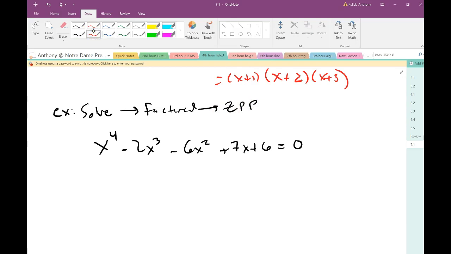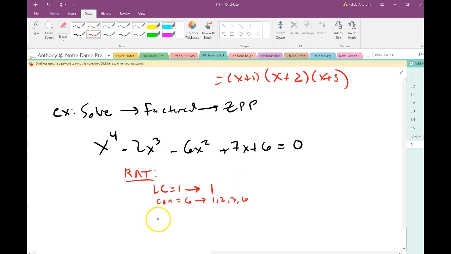Unfortunately, I'm not told any factors for this polynomial. So I'm going to use the rational roots theorem. I notice the leading coefficient is 1, and the factors of 1 are just 1, and the constant term is 6. The factors of 6 are 1, 2, 3, and 6.